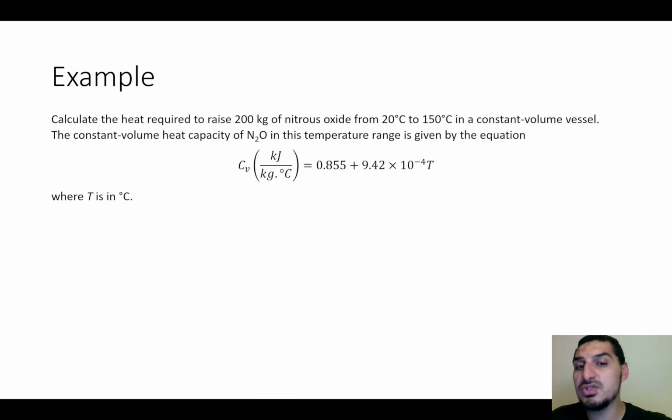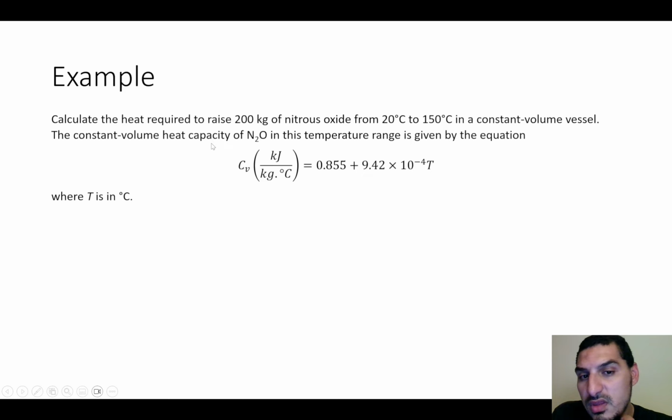So let's just take an example to have an idea of how we can deal with this. If we have 200 kilograms of nitrous oxide, whose temperature increased from 20 to 150 degrees Celsius in a constant volume vessel. It seems it's a closed system.